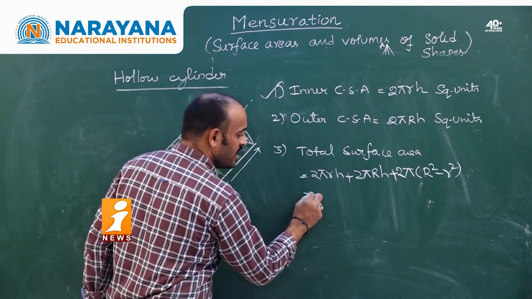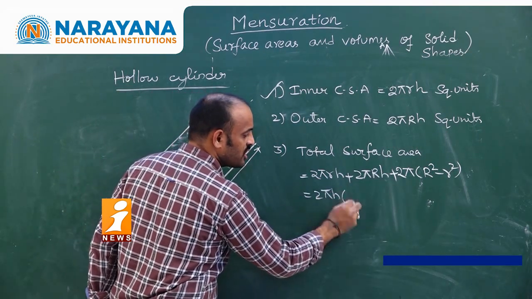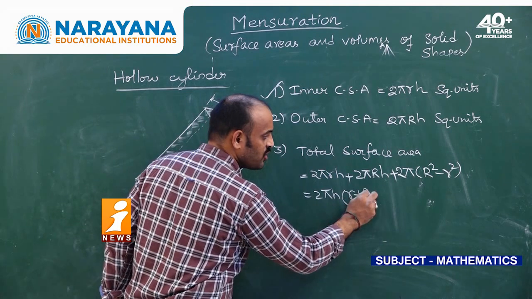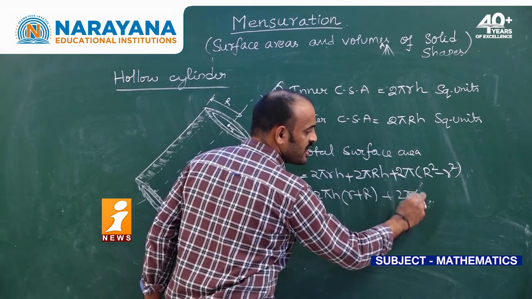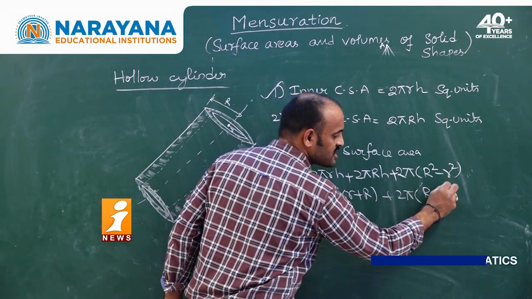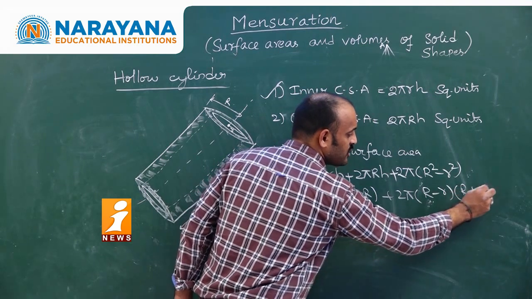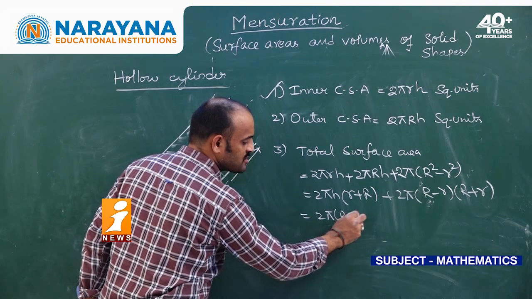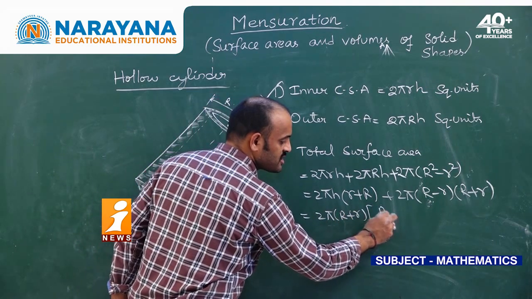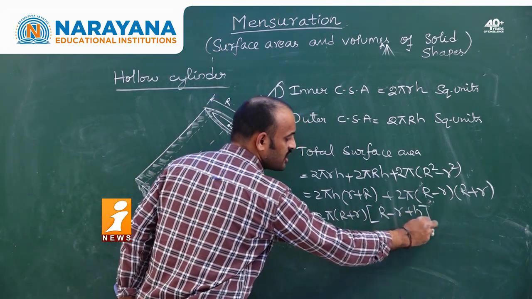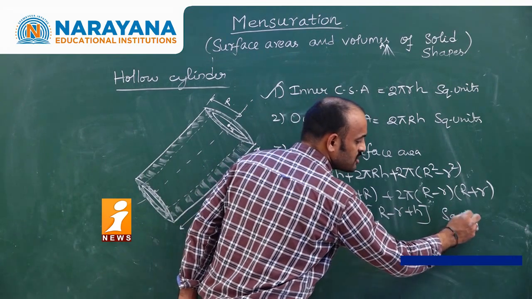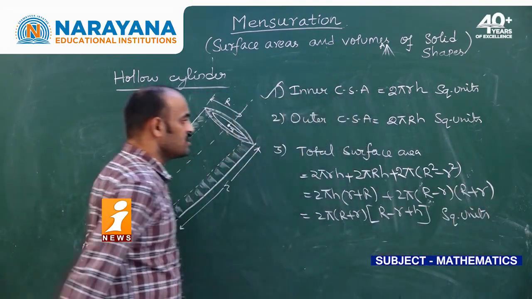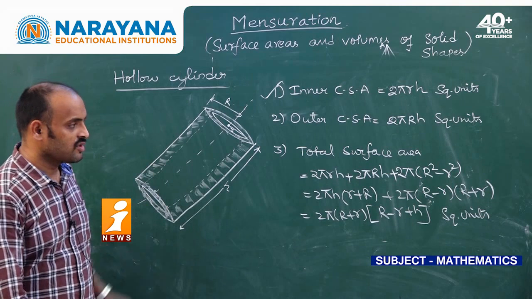In the first two terms I can take 2 pi h common, therefore capital R plus small r, plus, using the a square minus b square formula, I can write this as capital R minus small r into capital R plus small r. Taking 2 pi into capital R plus small r common, I can write this as 2 pi (R plus r)(R minus r plus h) square units. So this is the total surface area of the hollow cylinder.